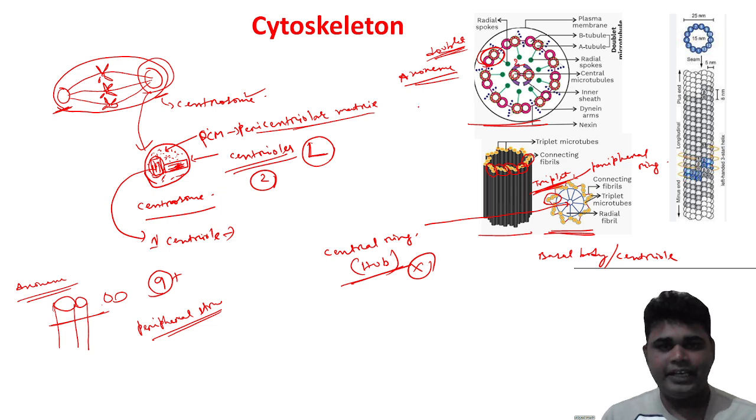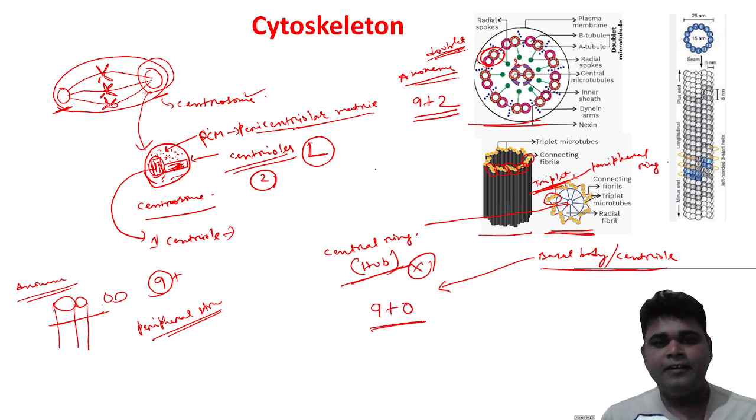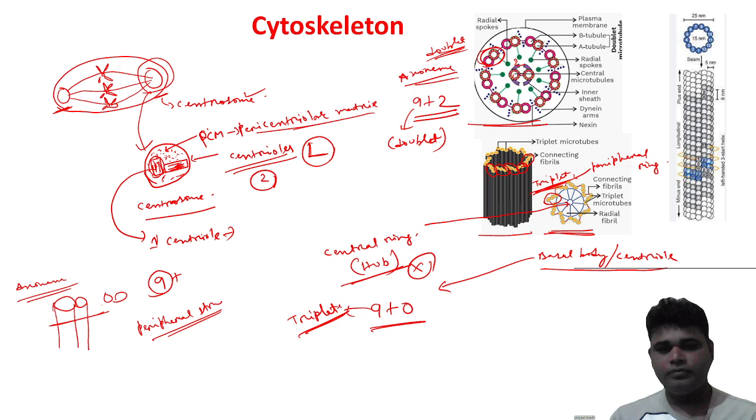That is why the axoneme is called the 9+2 arrangement, and the basal body or the centriole is called the 9+0 arrangement. Here the 9 are doublets, and here the 9 are triplets. This is the main difference between the axoneme structure and the basal body structure.